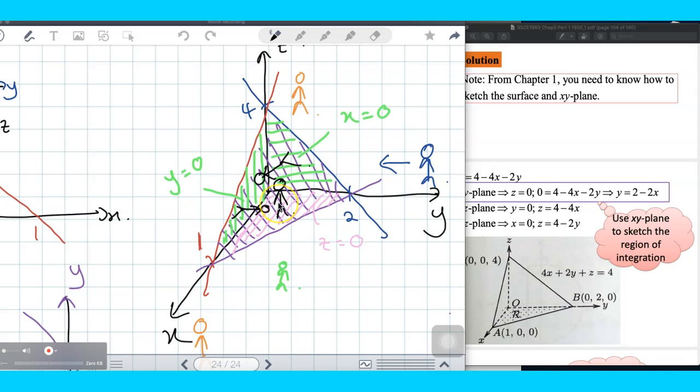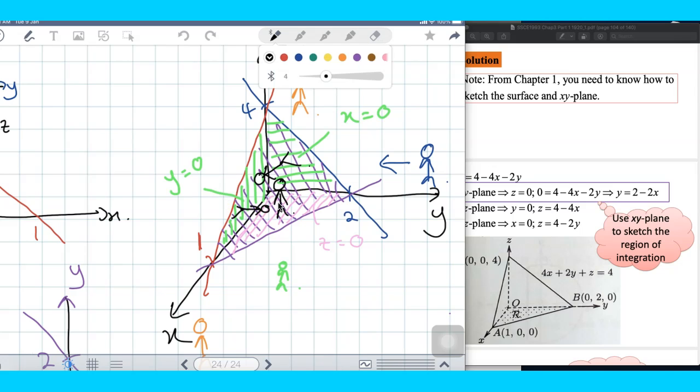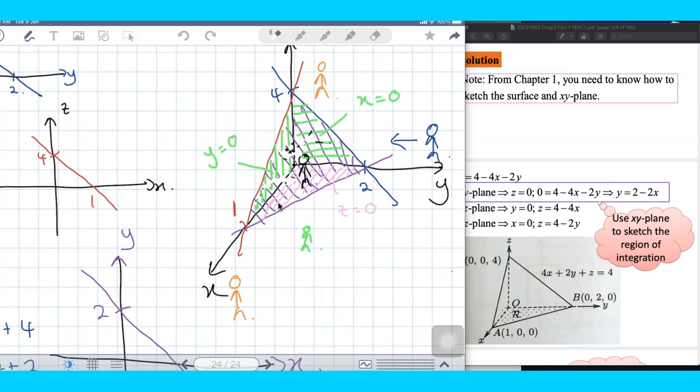So let's say I choose that direction. Just a second, I have to erase this. Okay, so now that is the direction that I have, my orientation when I'm standing inside the solid.